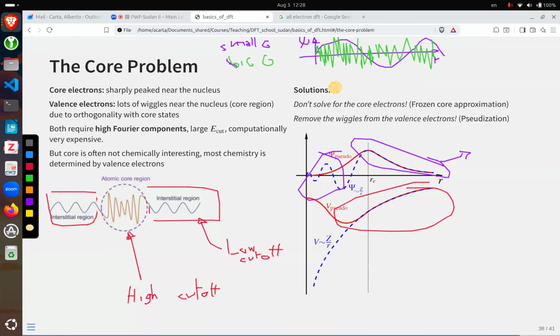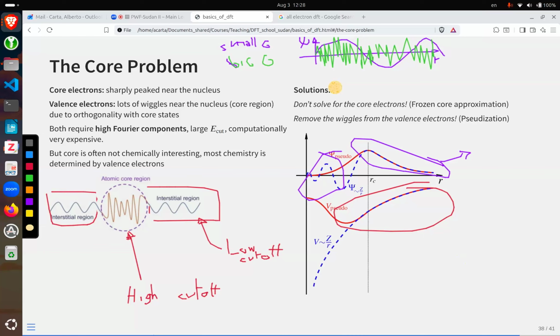Yeah, exactly, precisely. Then we want to change this to the pseudo potential, before RC. Yeah, exactly. Before RC, we want to have a situation where we use much smoother, so much less wiggly functions.